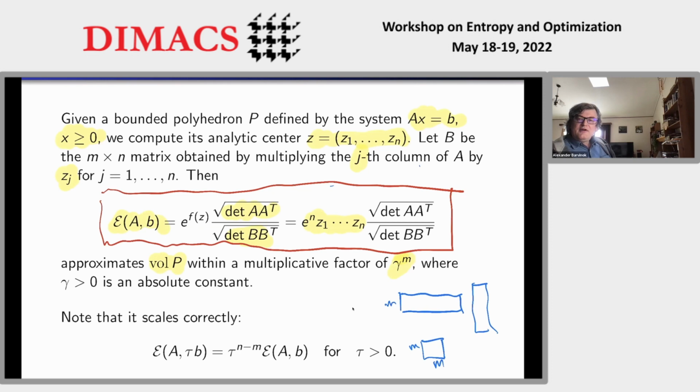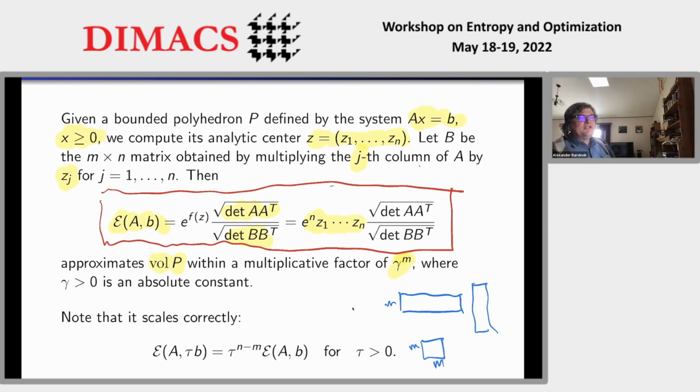Can I ask a question? Yeah, sure, go ahead. You took a standardization of the polytope where you took it to be defined by Ax equals b and x bigger than or equal to 0. I know that other polytopes can be transformed by linear transformation to this form, but then the appropriate volume changes, right?